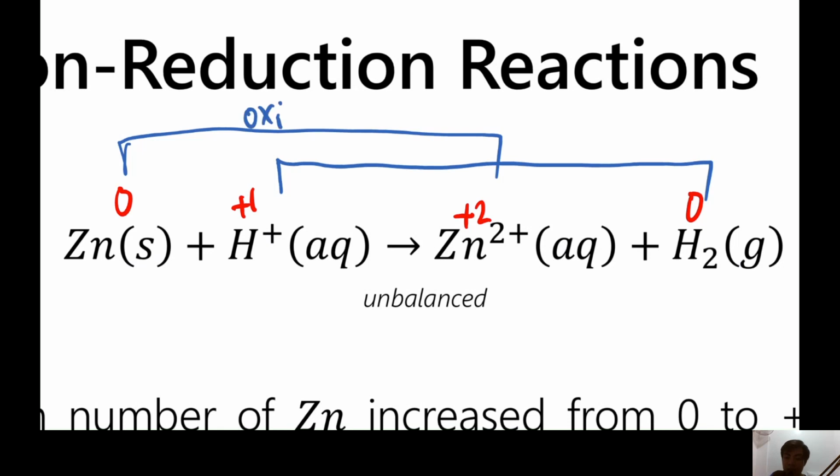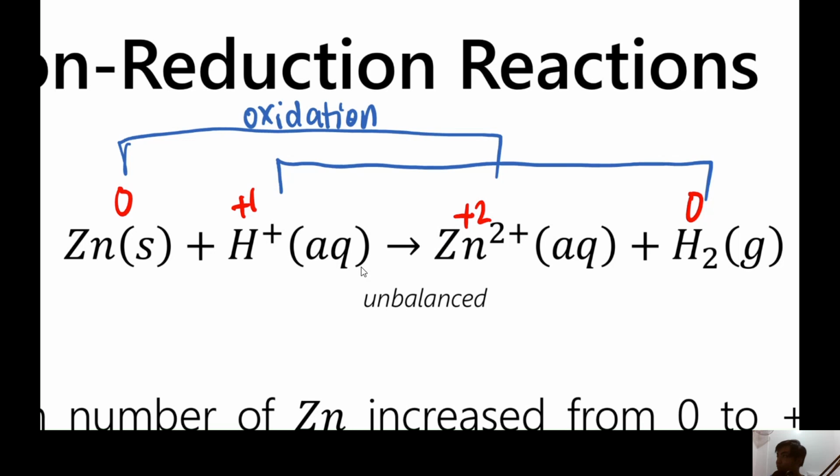How do you know if it underwent oxidation? The charge becomes more positive as it loses electrons. From 0 to 2, count the steps: 1, 2. So 2 electrons were lost.